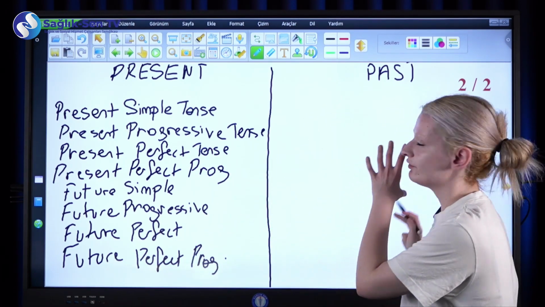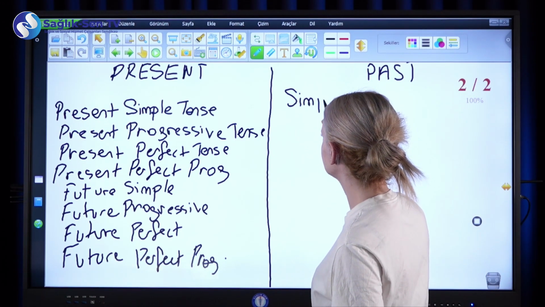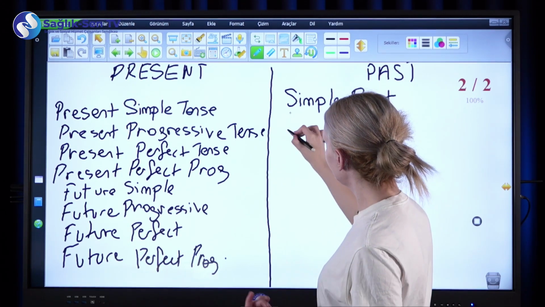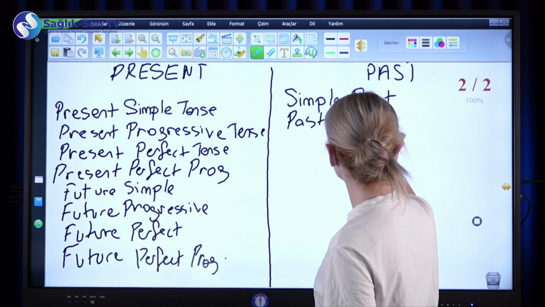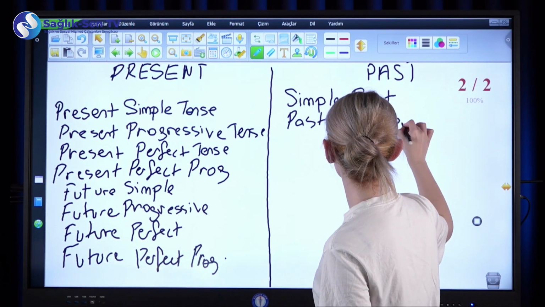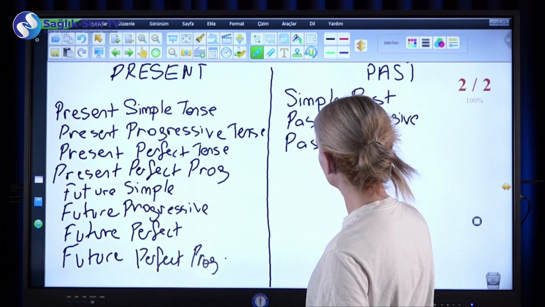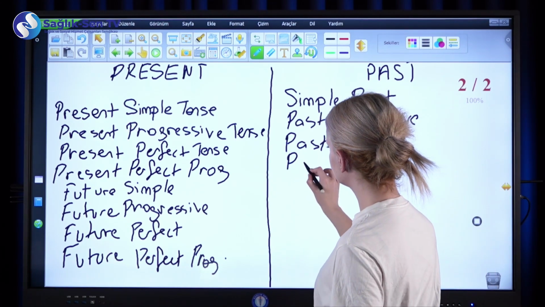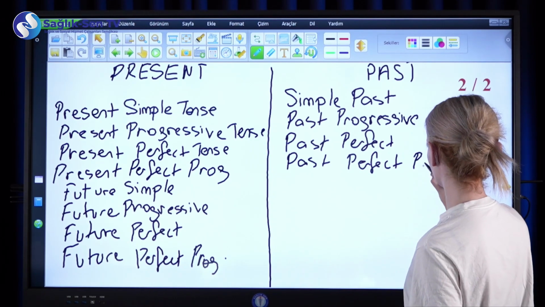And what do we have in the past family? Starting with simple past, past simple tense, then past continuous, which can also be called past progressive. Then we have past perfect and past perfect progressive.